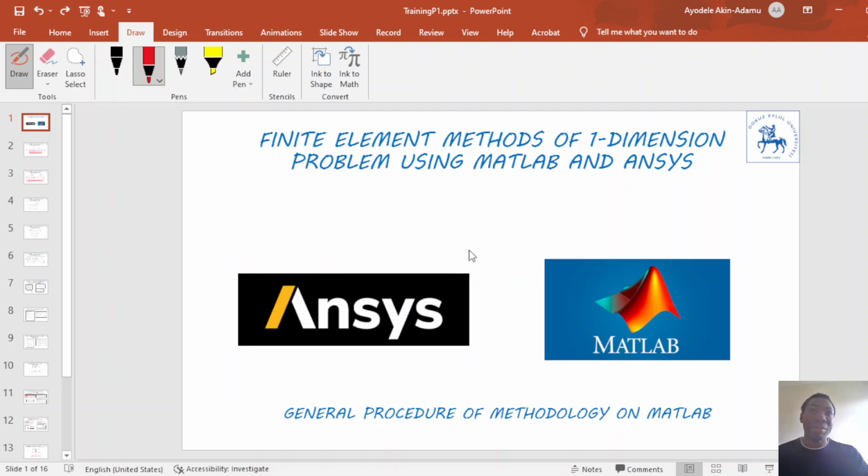This method can be applied to diverse problems in civil engineering. I plan to treat one-dimensional problems such as bars in compression or in tension or in combination.